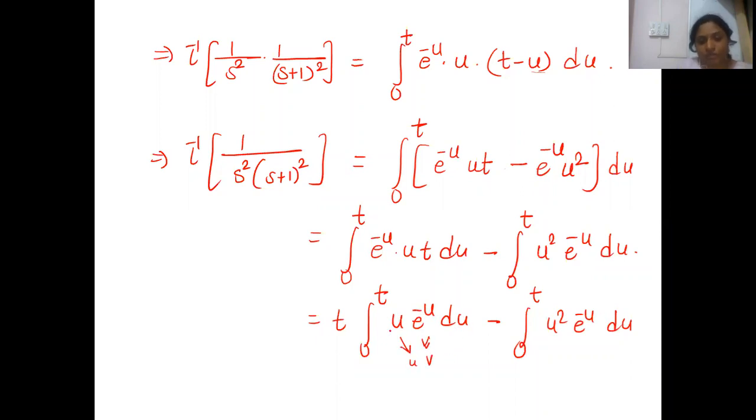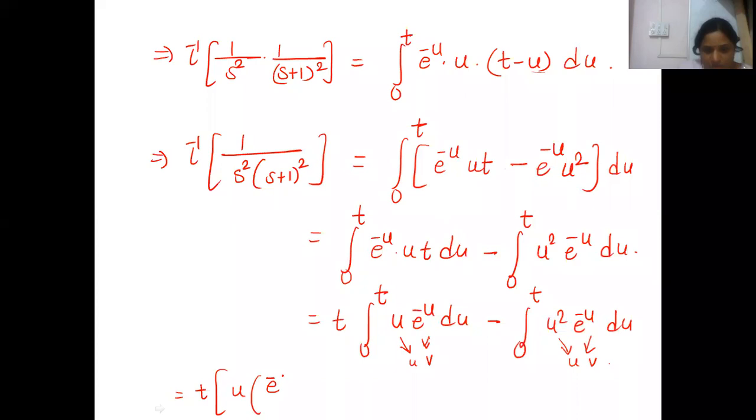With respect to u, the next derivative will be 1 and the one after that will be 0. And in this case, what is u and what is v? This is u, right, and this is v. Correct. So I'll apply it here. t into u v1, the integration of this, e raised to minus u upon minus 1.